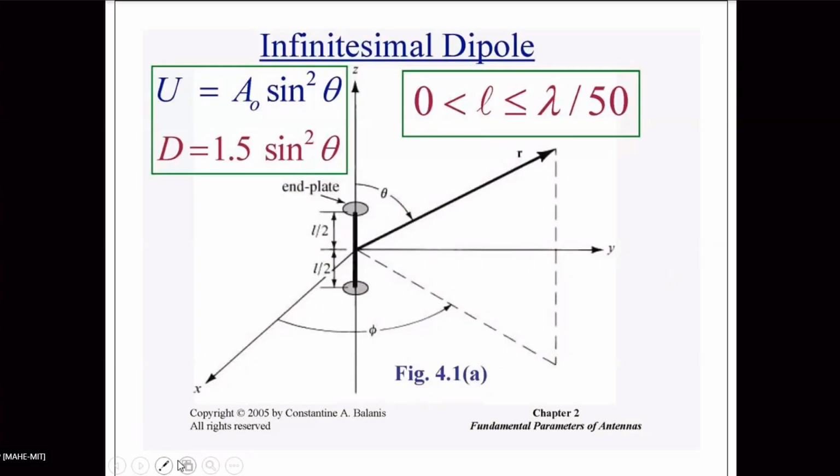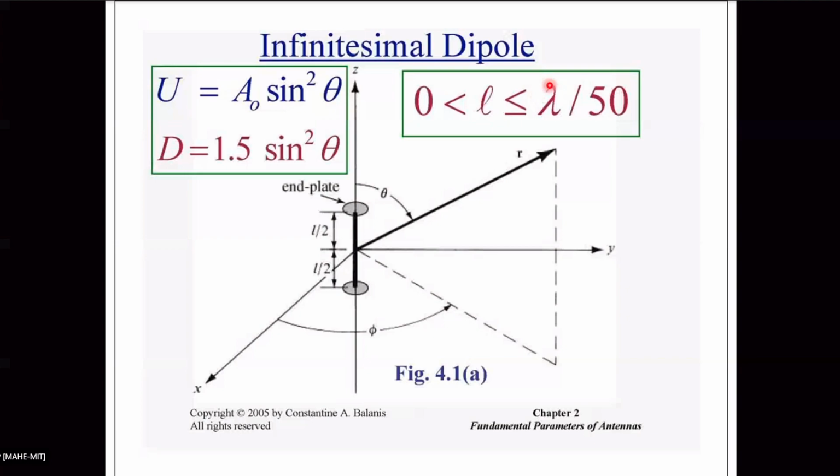So now, the infinitesimal dipole. What is a dipole antenna? You know what a dipole antenna is? It's an antenna like this: L by 2 on the upper side and L by 2 on the bottom, a wire antenna. The length L is less than lambda by 50.